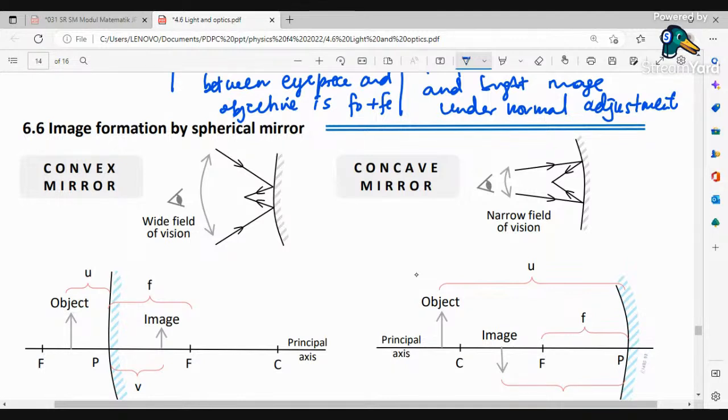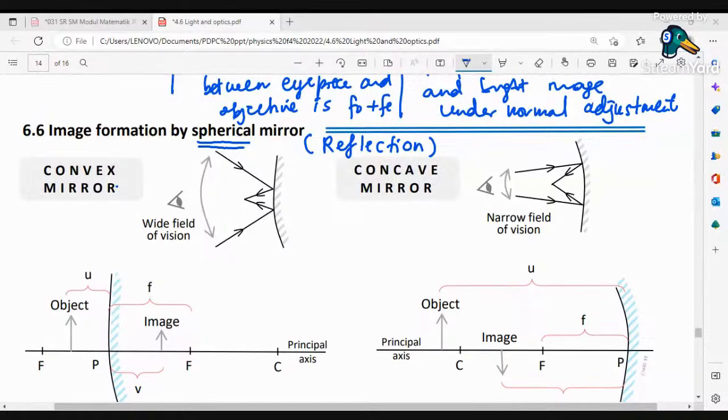Mirror will apply concept of reflection. Mirror is reflection, same as a plane mirror. I think a plane mirror you have studied in lower form. So now we just discuss about spherical mirror, curved mirror. Okay, so there are two types of curved mirror, convex mirror and concave mirror.